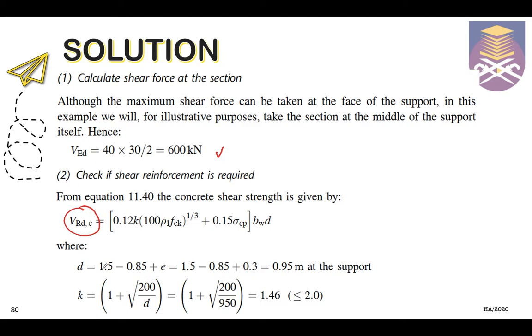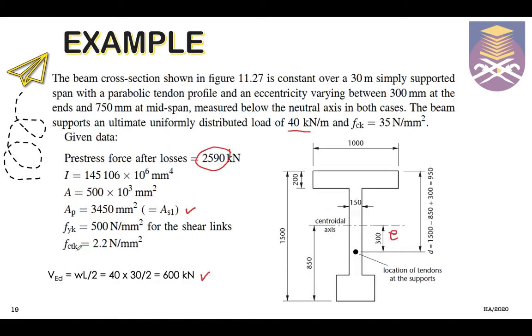So d, the effective depth at the support, is calculated as shown here. We consider d at the location of the tendon at the support. So d is 1,500, which is the total height, minus 850, plus 300.